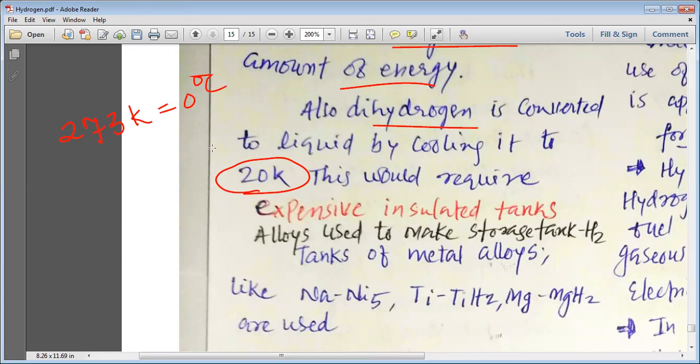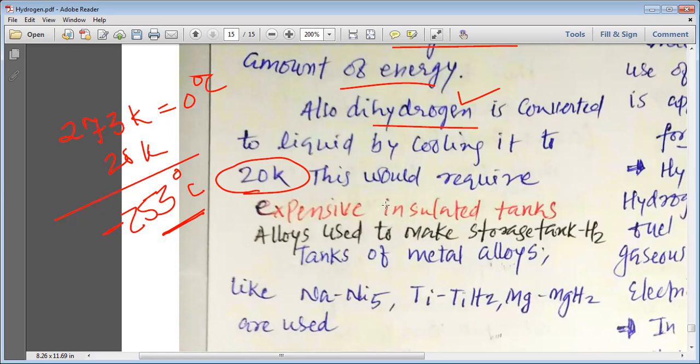So when you want to cool it to 20 Kelvin, you need to make the temperature minus 253 degrees centigrade.